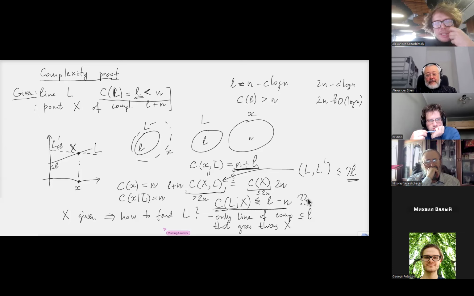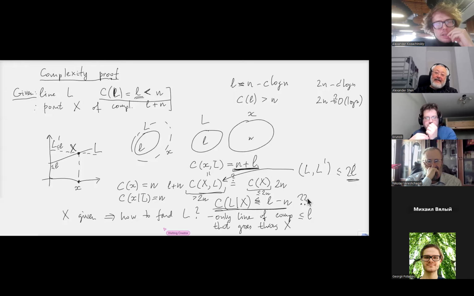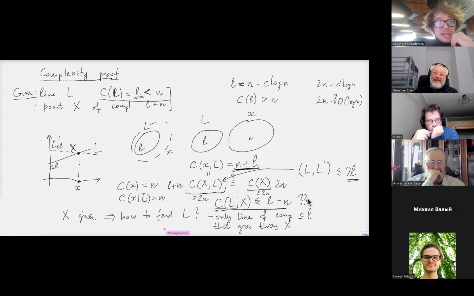Before, the idea was that the complexity was just 0 because there is only a single line of low complexity going through that point. Otherwise we could describe the point given a line through another line with fewer than n bits. Now you want to show maybe that there are at most 2 to the L minus n such lines?